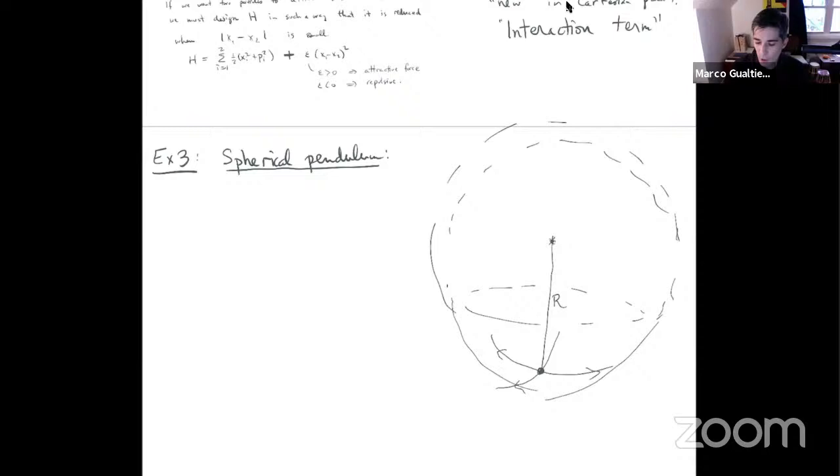You could imagine there's like a little drone here floating in space, and it has a pendulum stuck to it. Okay, so we have a pendulum that is free to move on the two-dimensional sphere.